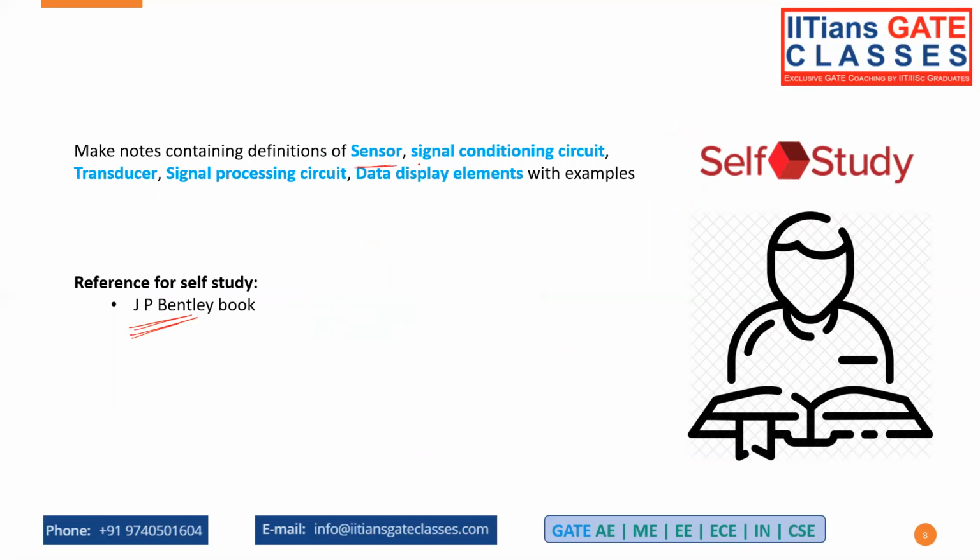You can write the definitions of signal conditioning circuit, what could be the possible elements in the signal conditioning circuit, in the signal processing circuit, and in the data display. This you will study from this book, right? I'm not covering it in detail because otherwise the video could be very long, so you can go with self study.